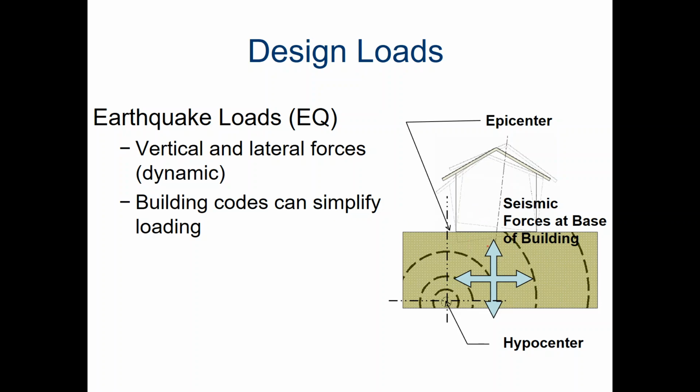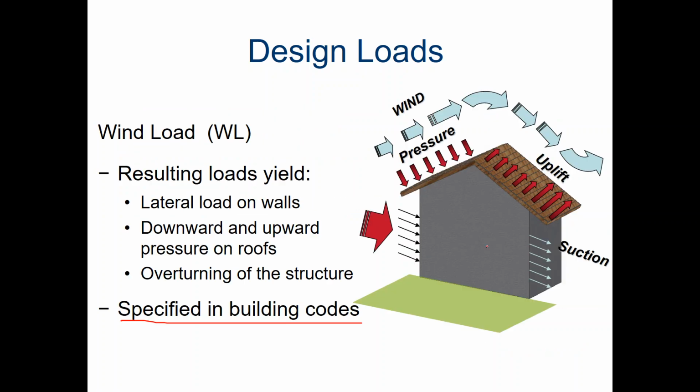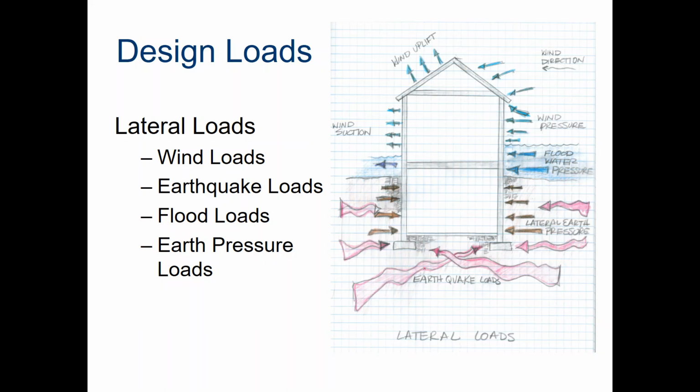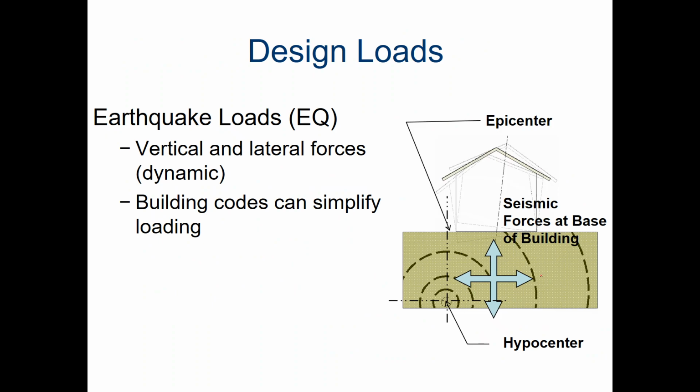And so that's why 2 slides back, when you had the seismic or earthquake loading, it was these weird wiggly lines, because earthquakes can put forces or loads onto the building in all kinds of weird directions and locations. So that's what the seismic loading looks like, and that will also be based on where you're located. Some parts of the country are going to have a lot more significant seismic loading than others.